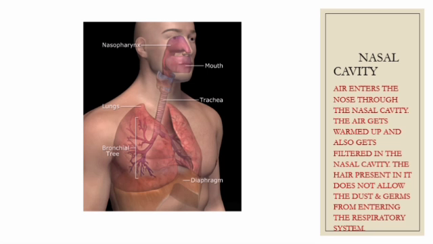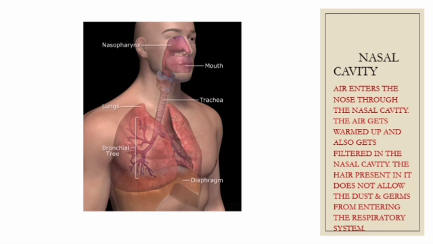We know that when we breathe, the air enters through the nose. Through the nose, the air enters the nasal cavity, and the air gets warmed up and also gets filtered there. Not only that, it also filters the dust or anything else that is present and sends it out.